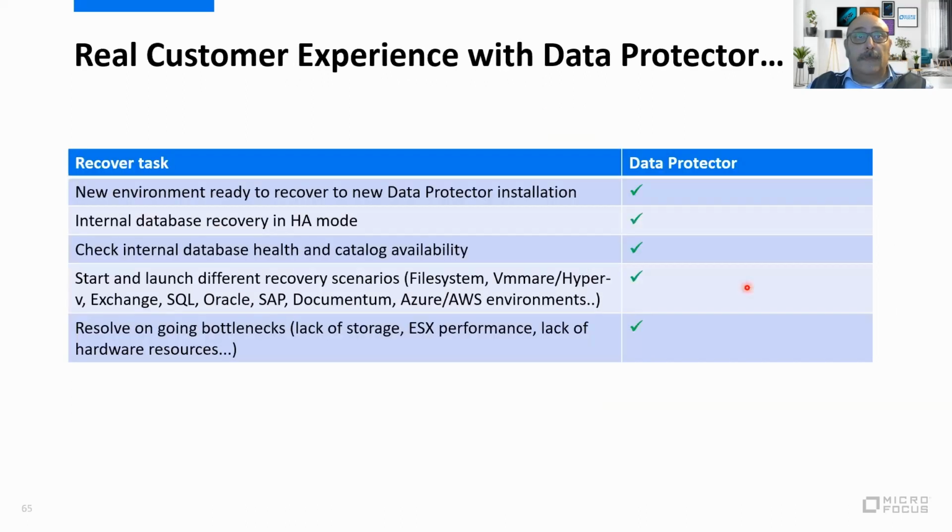This is a real example that happened at one of our customers in Europe, managed by one of our best partners. It was a customer that was hit with ransomware. More than 3,000 servers and virtual machines were lost in just one day when they discovered it.